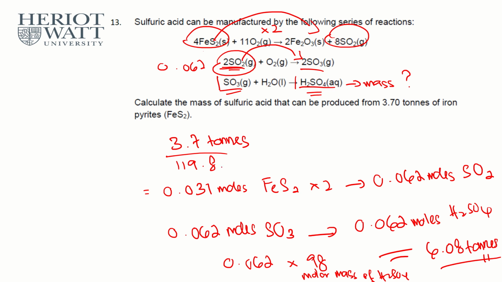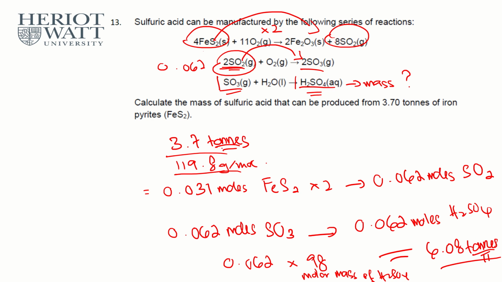See, 119.8 is actually the molar mass in grams per mole, and this is in tons. We're supposed to change it into mass, right? If I choose not to change this ton into gram, when I divide it I will still get the mole. So at the end, when I multiply it with the molar mass of a compound again, the final unit should be in ton as well. In other words, if I convert the tons initially into gram, at the end we will get the answer in gram.